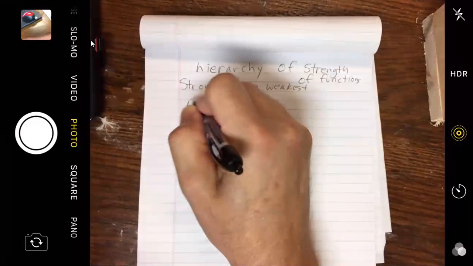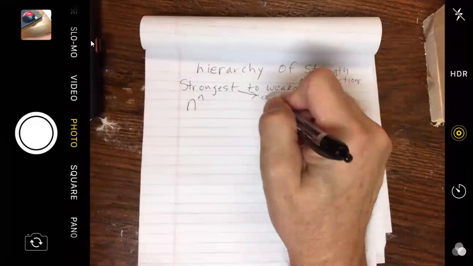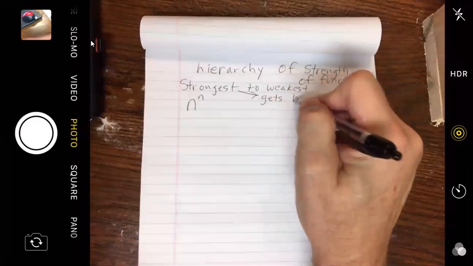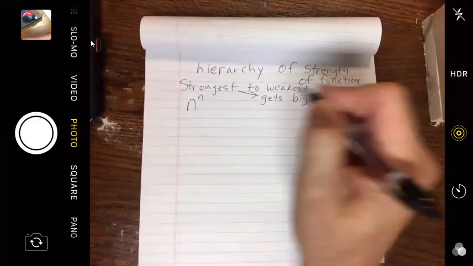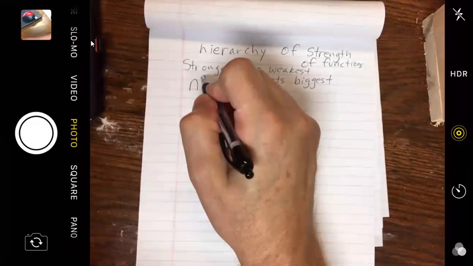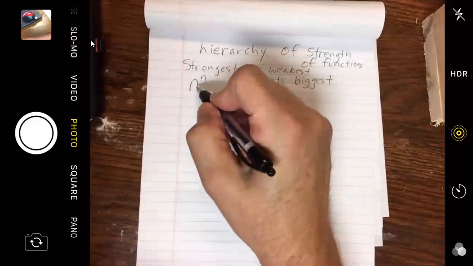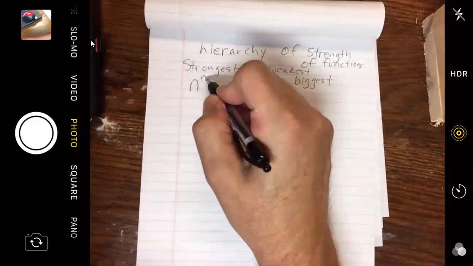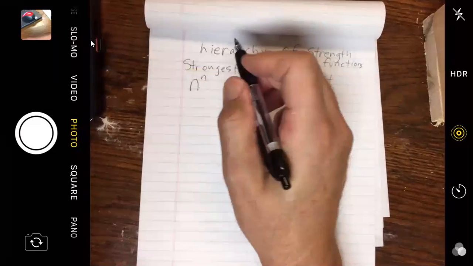Your strongest one is n to the n. When we say strongest, this means it gives you the biggest numbers. You vary both the base and the power, so you're taking 2 to the second, 3 to the third, 4 to the fourth. You get bigger and bigger when you increase your base and increase your power. You get the biggest numbers out there.